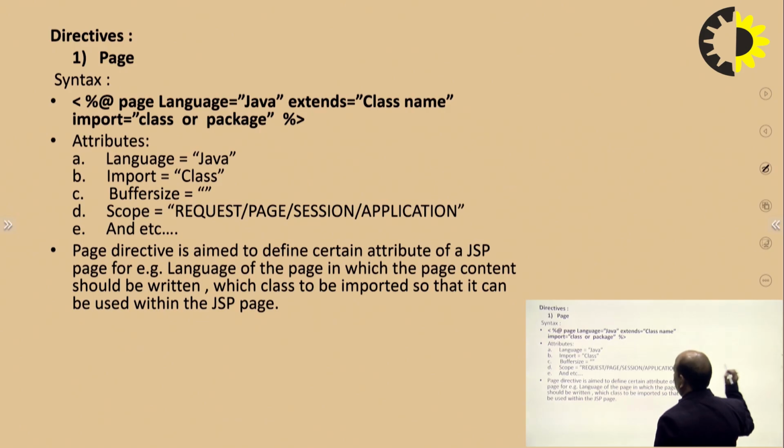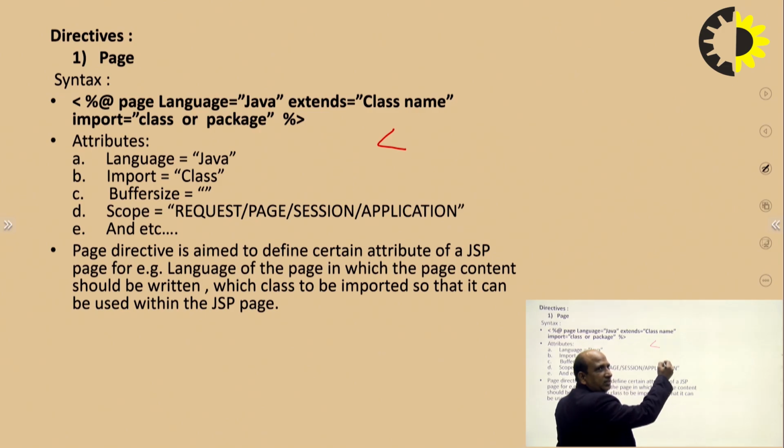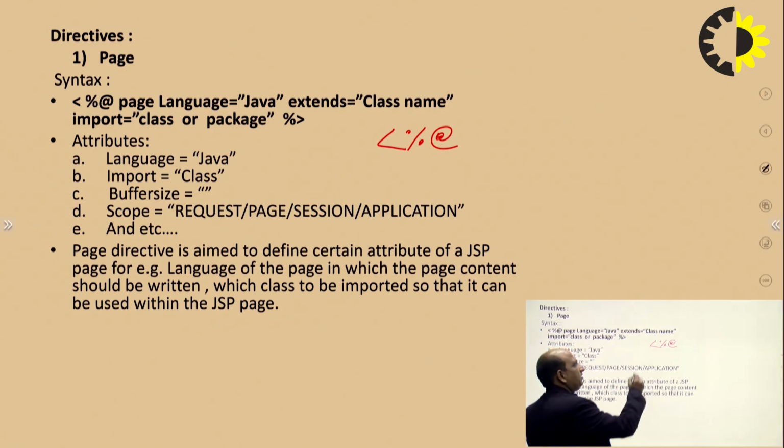Whenever you are going to use a directive tag, it must start with this: angular bracket, percentage, at the rate. This is the start, and this is the directive tag.